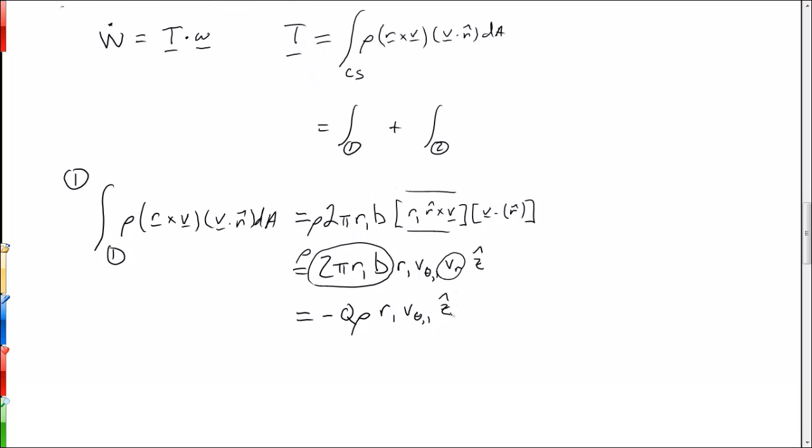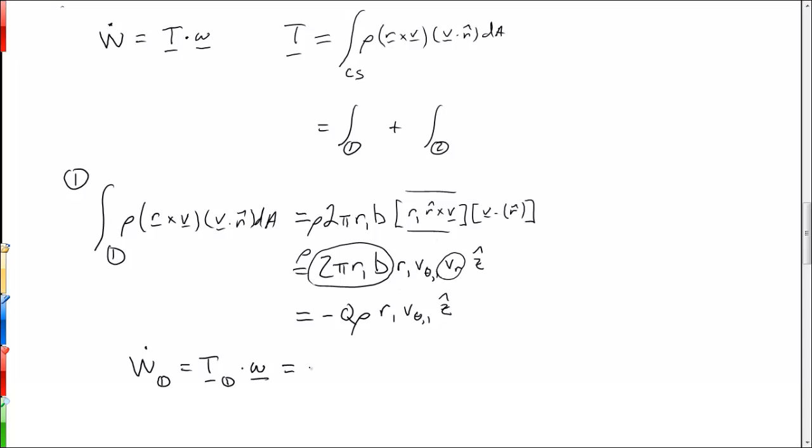But this is the contribution to the torque, and so we could dot it right now with the angular velocity, and that might be easier. So let's write the work due to the momentum transfer at the inlet is equal to the torque at the inlet dotted with the rotational speed.